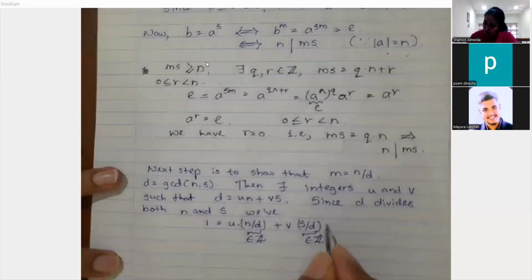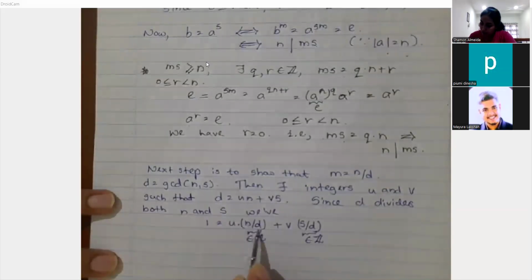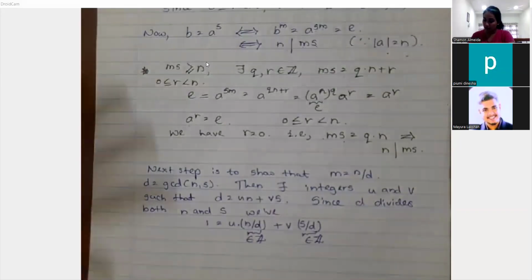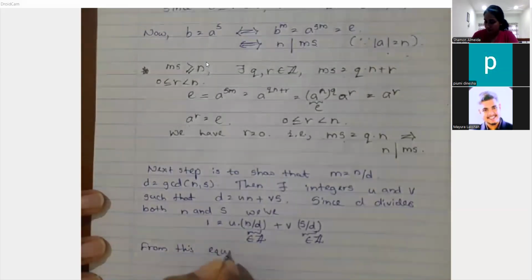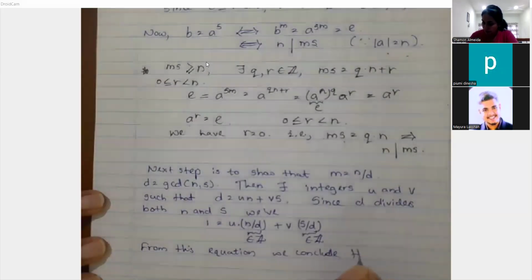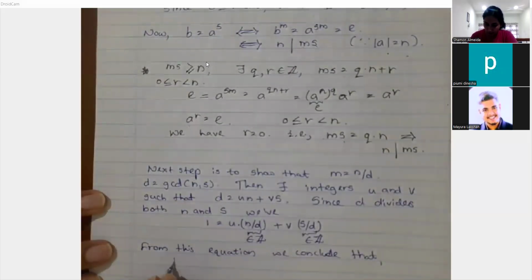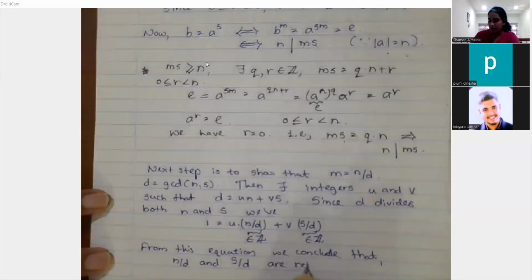Now, what does this equation tell you? This tells you these two values, n over d and s over d, must be relatively prime. So from this equation we conclude that n over d and s over d are relatively prime.